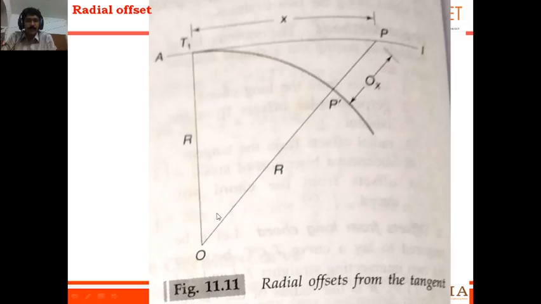From that angle you need to determine the OX we required for the x distance, right? So cos, we can have R is known, and R plus OX, that is the total distance. So (R plus OX) the whole square minus R square gives the x square.